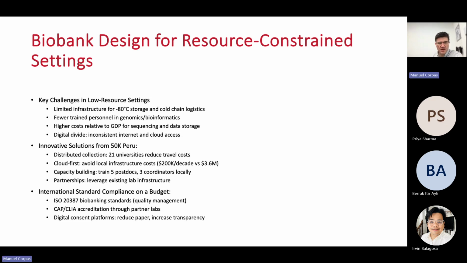Also, there are fewer trained personnel in data handling and higher costs. That's kind of counterintuitive, so it's actually more expensive to run stuff in cheaper countries simply because they have to bring the technology.